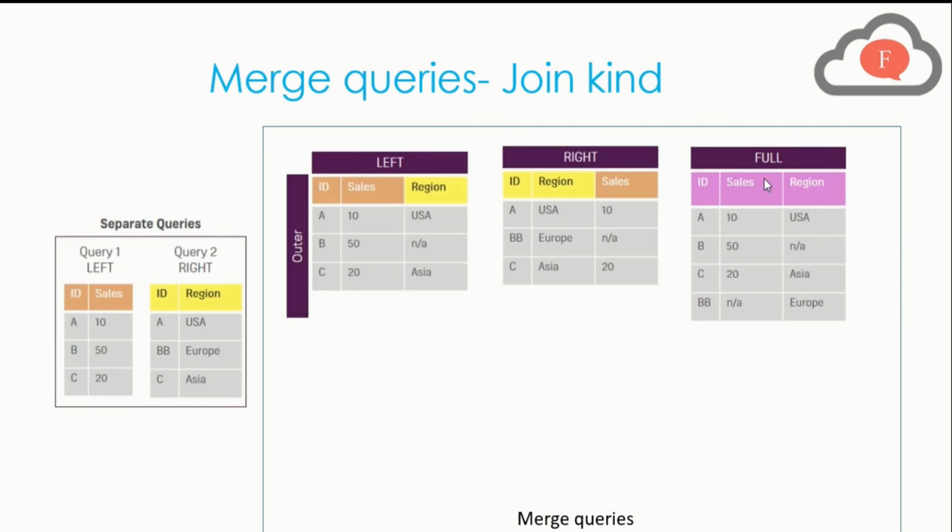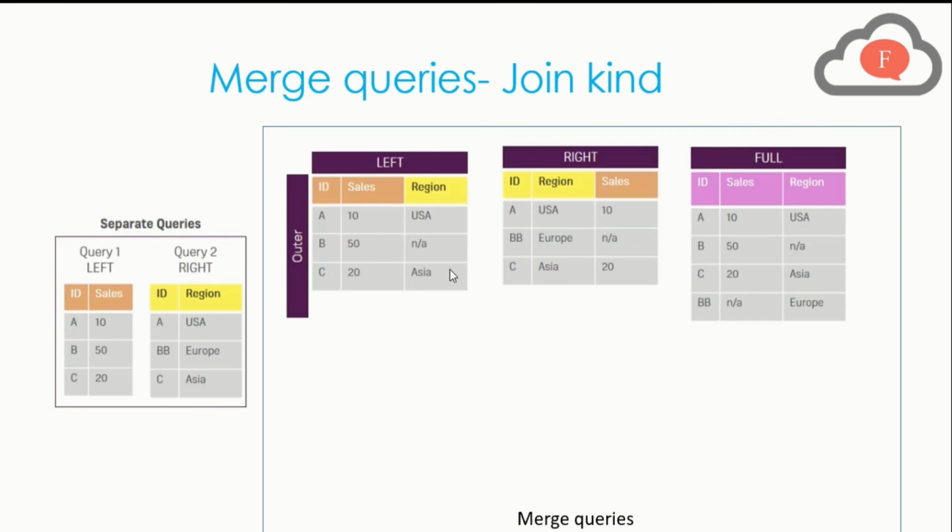That's the difference with the full query, because it has recognized both the queries fully, while in left and right it has given importance to the left section and the right section respectively, and in the full section it has given importance to everything that is available in both queries. So BB is also available, B is also available. That's the difference between the outer joins and the full one.